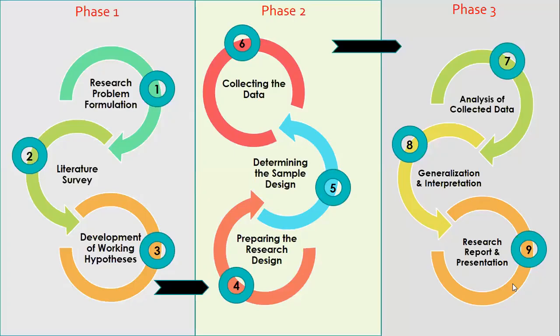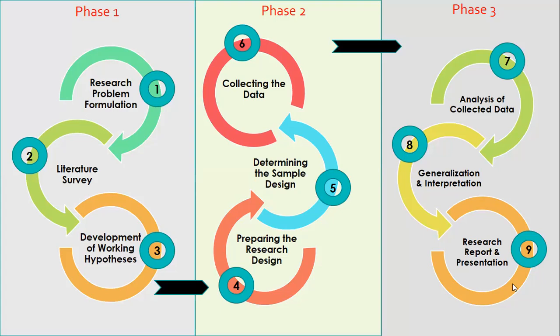So we have several processes in conducting research. According to the reference, you can do it by phasing: phase 1, phase 2, and phase 3. Each phase has 3 major steps. For phase 1, the first thing you have to do is formulate your research problem.